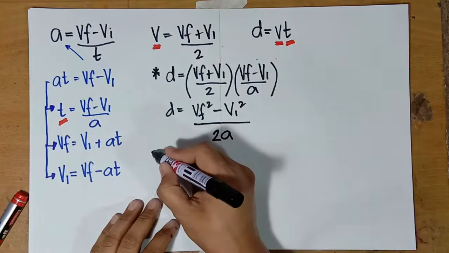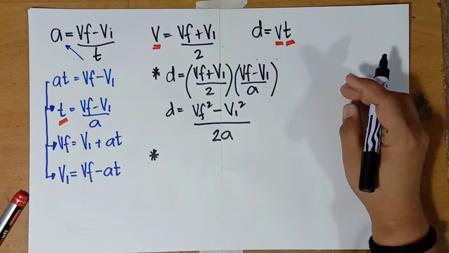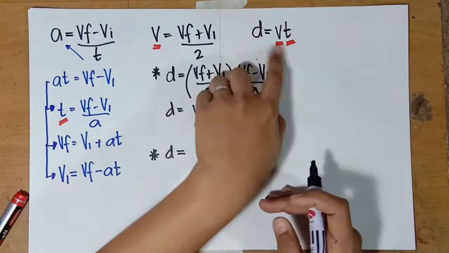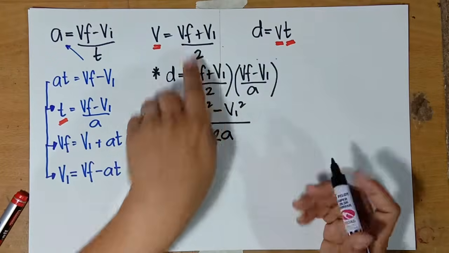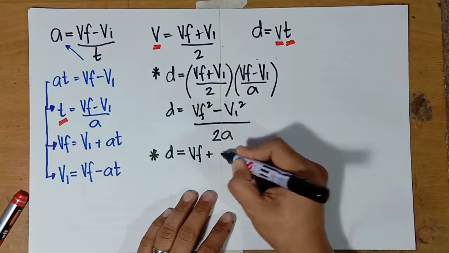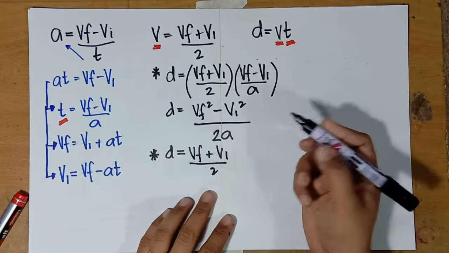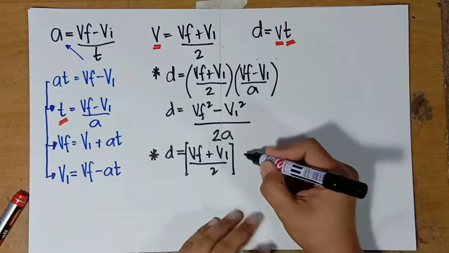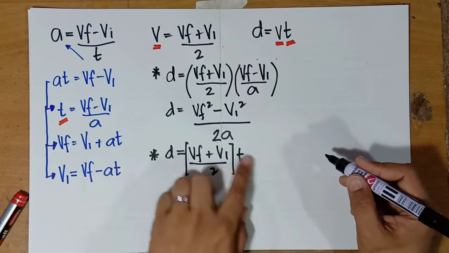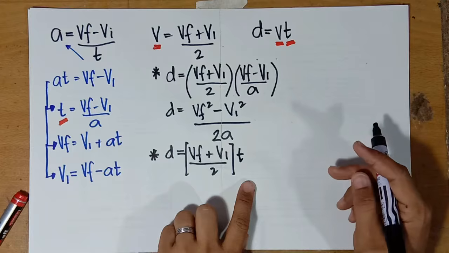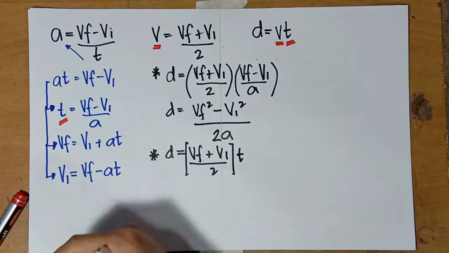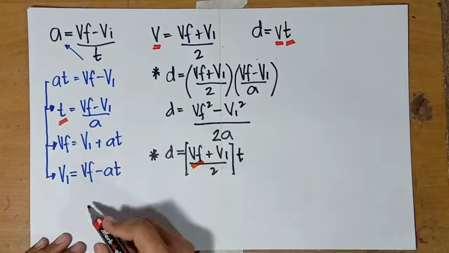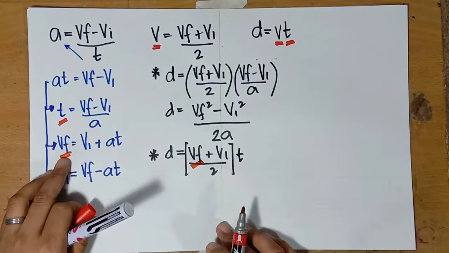Next, another one. Okay, so same steps. d is equal to v t. Let us now change v with Vf plus Vi over 2. Then it will be multiplied by time. In this case, what I would like to do is this. The Vf here will be substituted with the value of the Vf there.